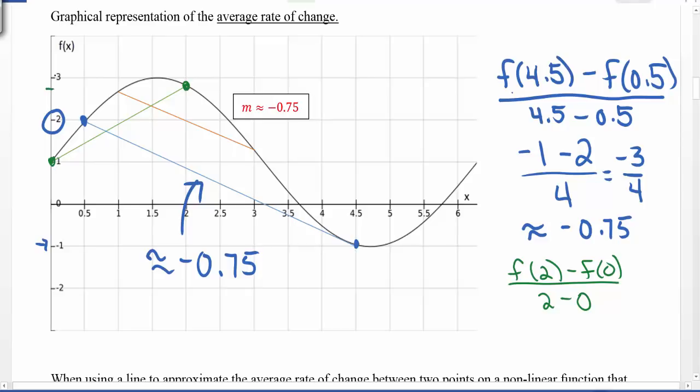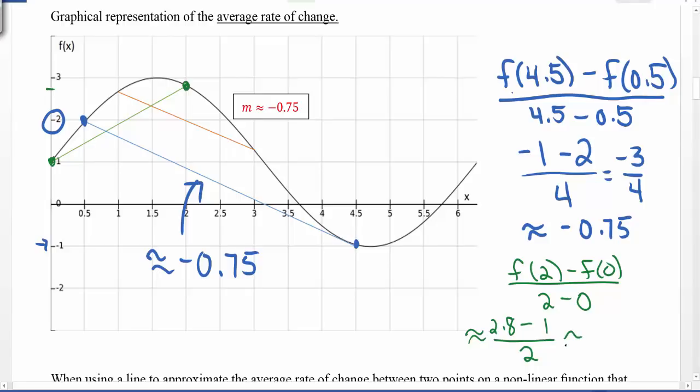For me, I'm going to say that this is approximately 2.8 is my best guess. Hopefully, your approximation is something similar. My f of 0, if I look at where 0 hits, is really close to 1. So my y value there is going to be 1 divided by 2 minus 0, which is 2.